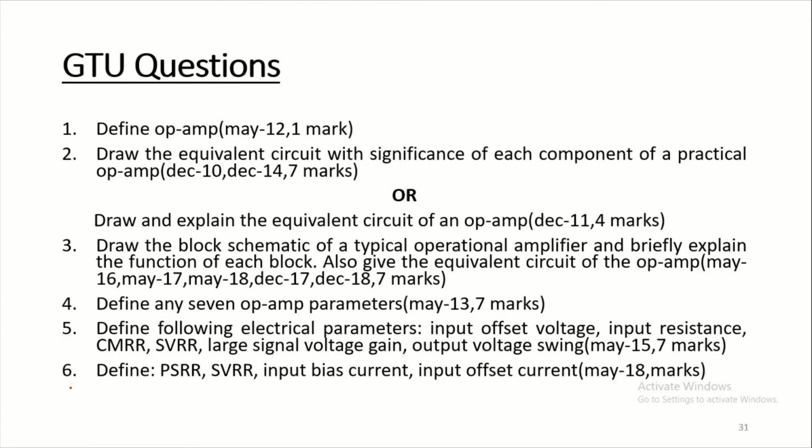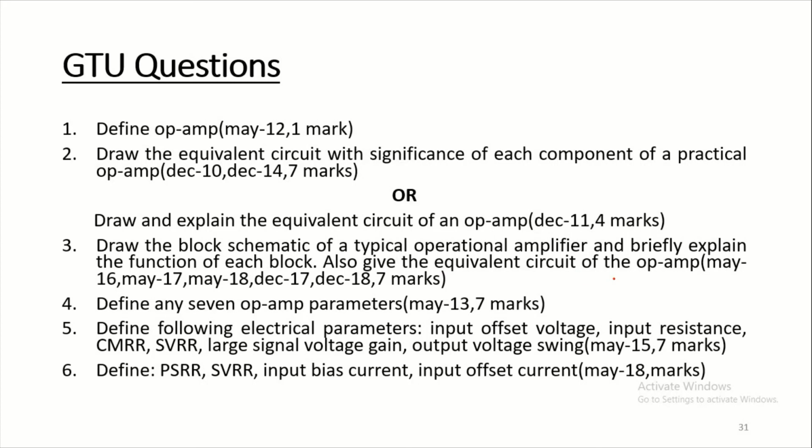These are the GTU questions that were asked in previous years. The first one is: define op-amp. The second question is: draw the equivalent circuit with the significance of each component of the practical op-amp. It can also be asked as: draw and explain the equivalent circuit of an op-amp. The third one is: draw the block schematic of a typical operational amplifier and briefly explain the function of each block.